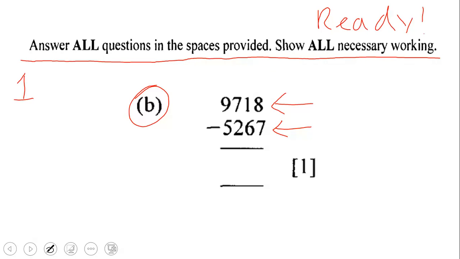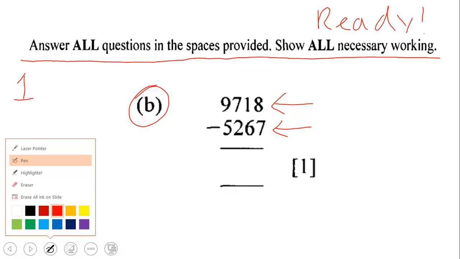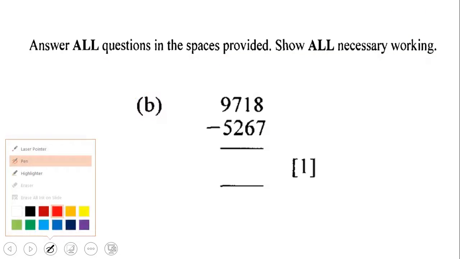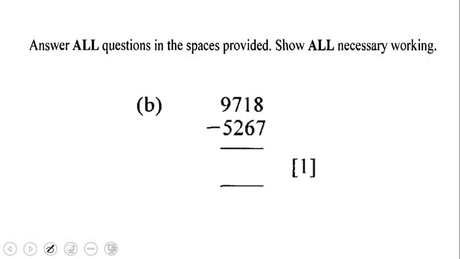If you fall in that category, I encourage you to pause the video, do the question on your own, and I'll see you on the other side of the pause. All right, now that you have tackled the question on your own, let us deal with the question together.